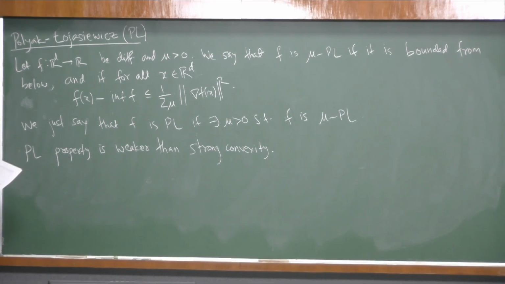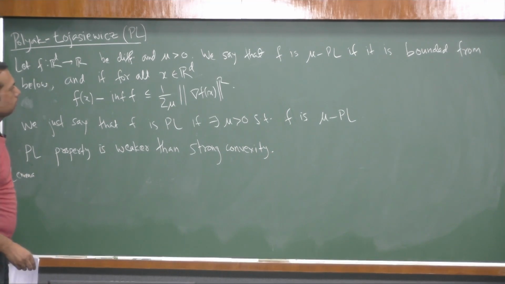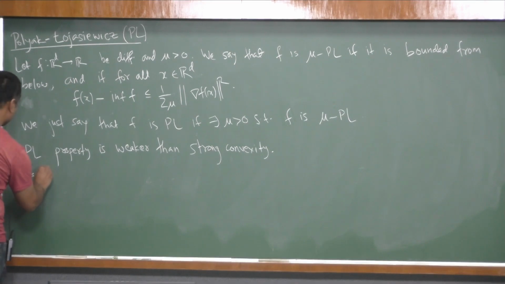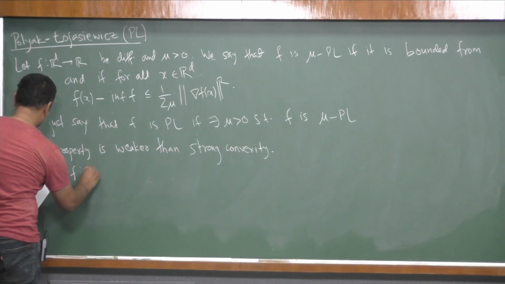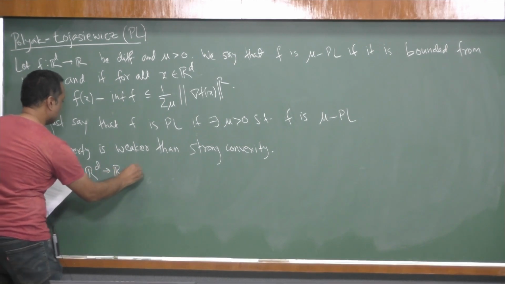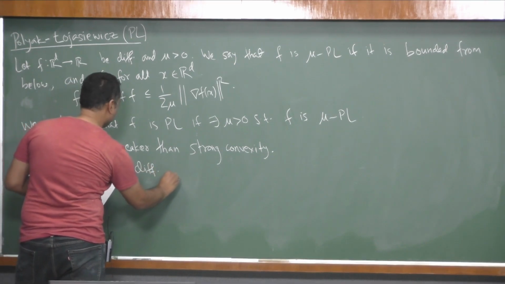So we can prove that. How will we prove that? If something is strongly convex, then it's necessarily PL. Otherwise it's not true, and that says PL is even more general. So let us try to prove this. Lemma C we had, or now we have D. Let f from Rd to R be differentiable and mu greater than 0.